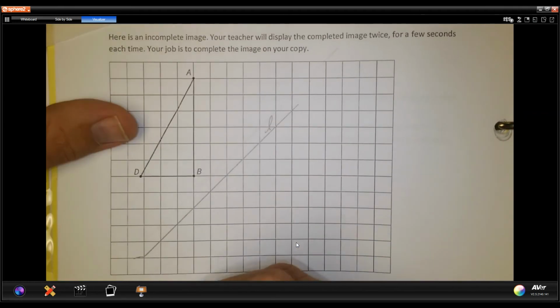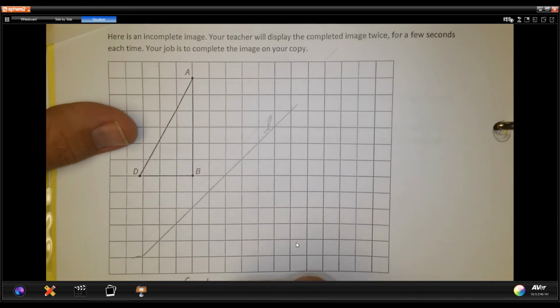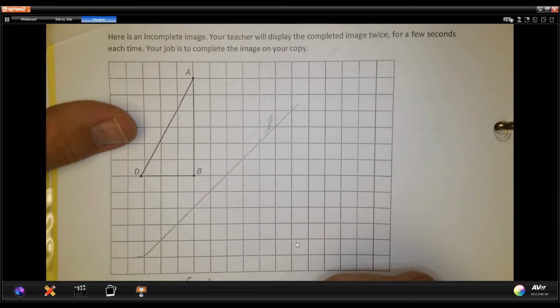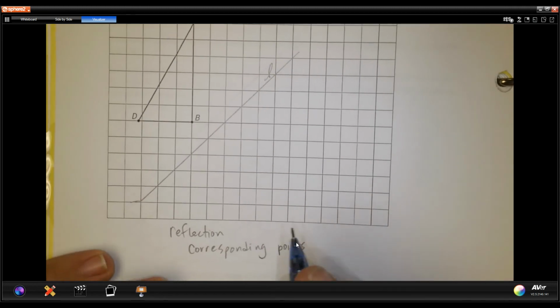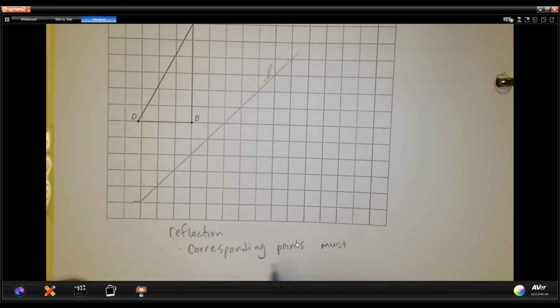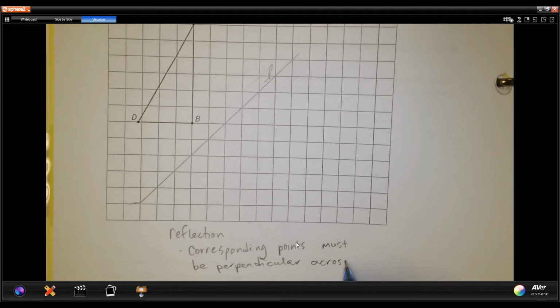Under a reflection, corresponding points must be perpendicular across the line of reflection.